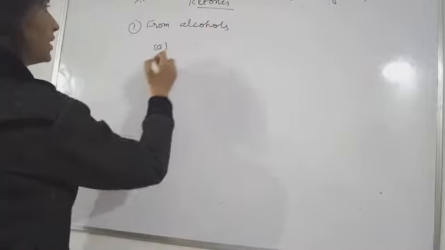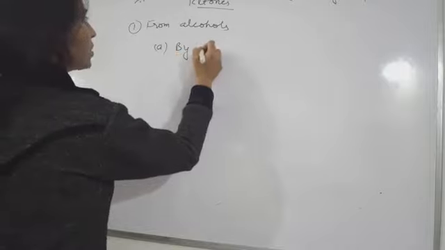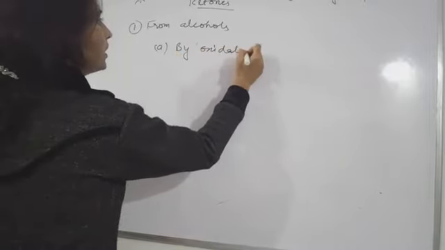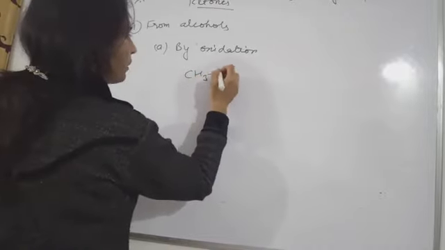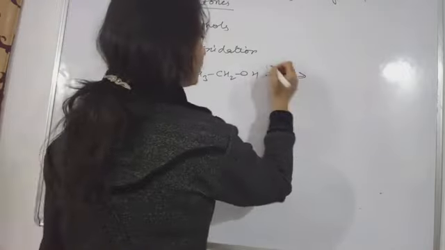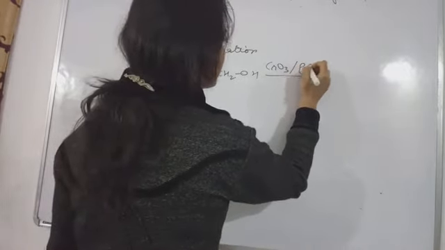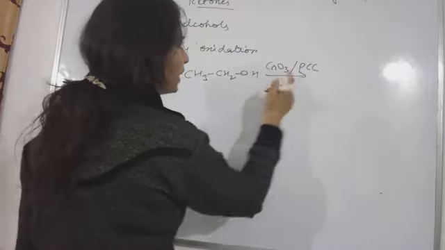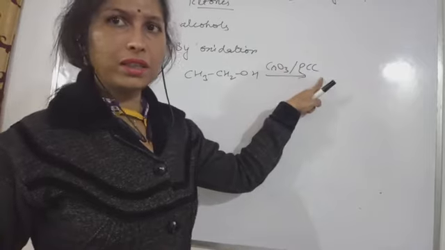So first is from alcohols only, by oxidation. In this case, see here, if the primary alcohol you have taken, the oxidizing agent can be chromium trioxide or PCC. PCC is pyridinium chlorochromate, pyridine plus HCl plus CrO3.